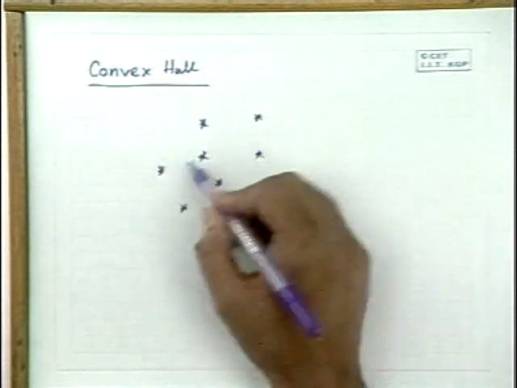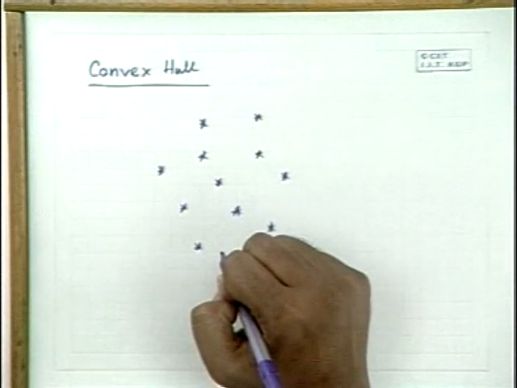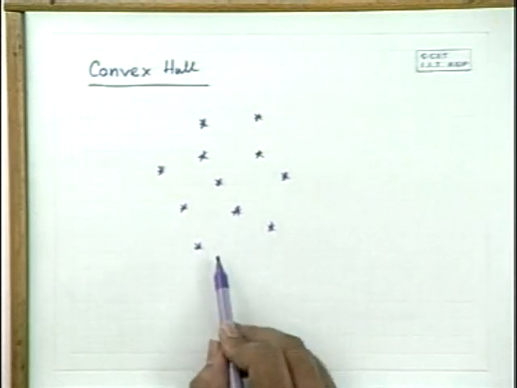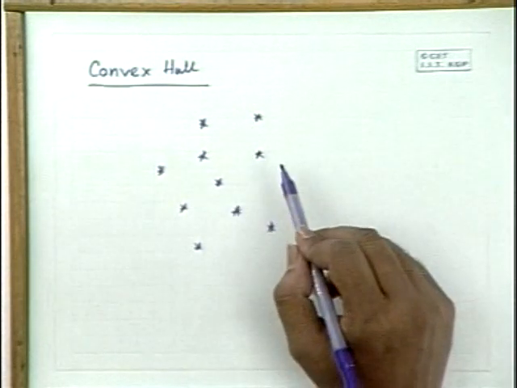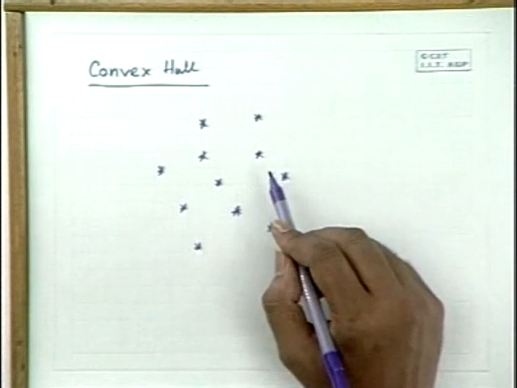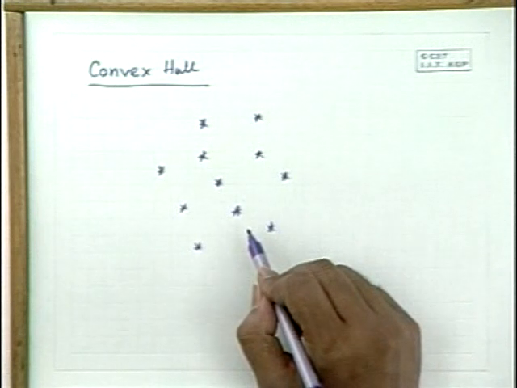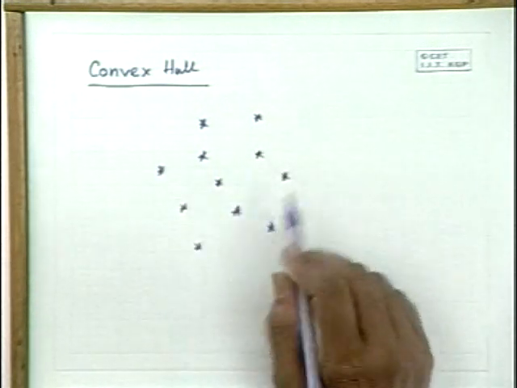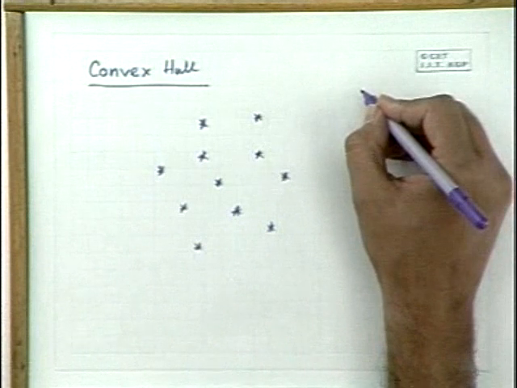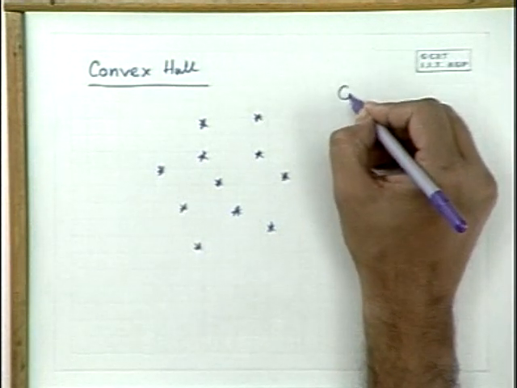I will not draw the convex hull right now. You just think about what is the smallest convex polygon which will contain all the points inside or on it, which I'll leave to you for the time being. But first let me define what is a convex set.